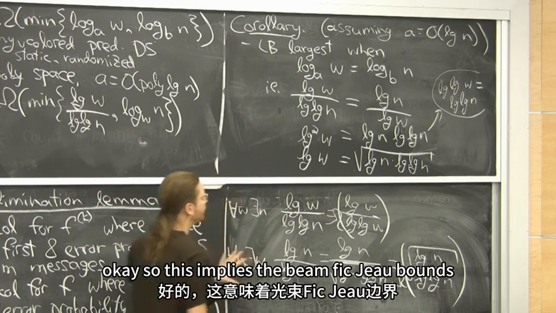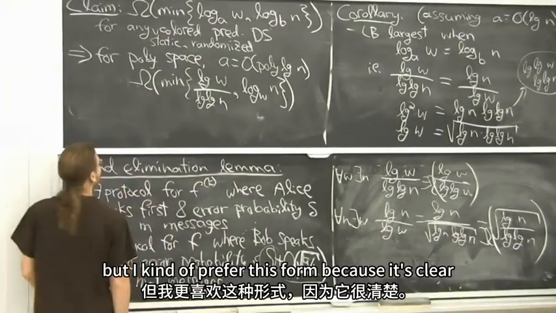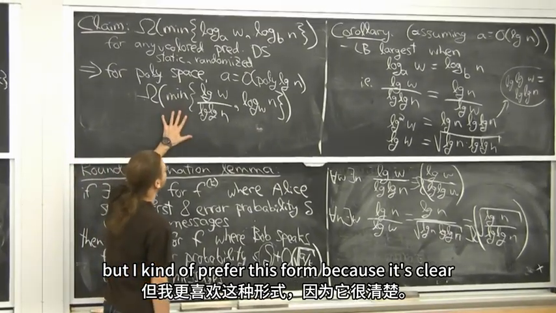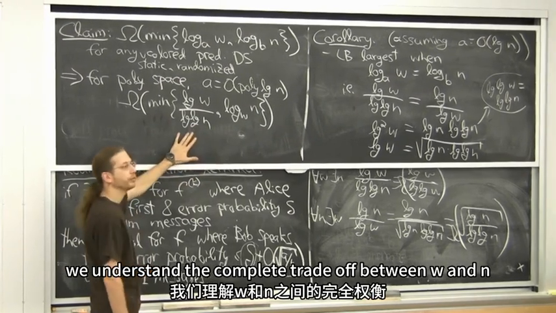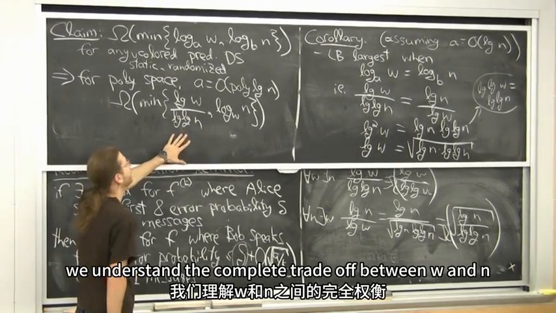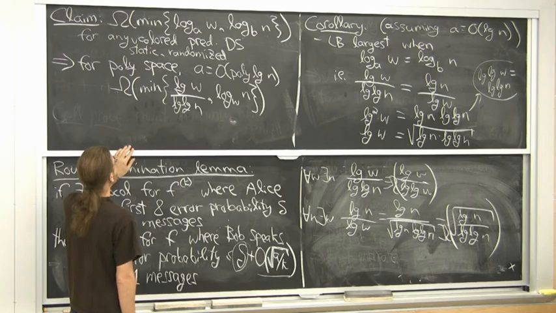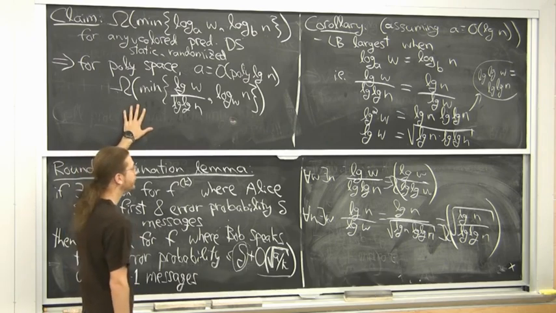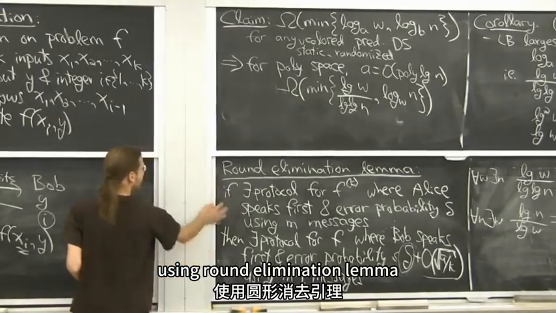Okay, so this implies the beam-thick Zhao bounds, but I prefer this form because it's clear that, up to this log log n factor, we understand the complete trade-off between w and n, assuming polynomial space. Okay, so we're going to prove this bound, which implies all this stuff, using the round elimination lemma.